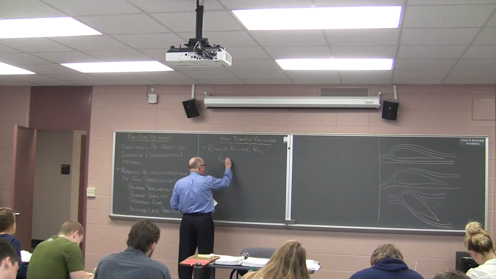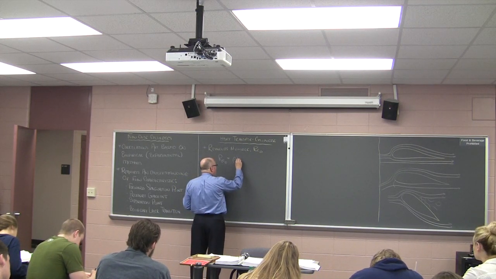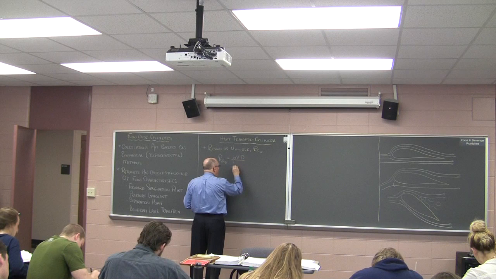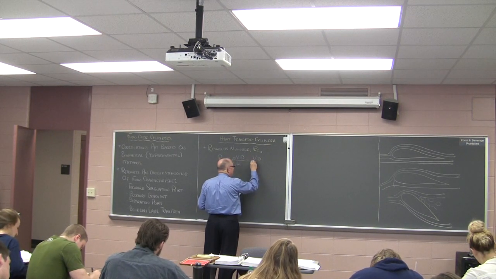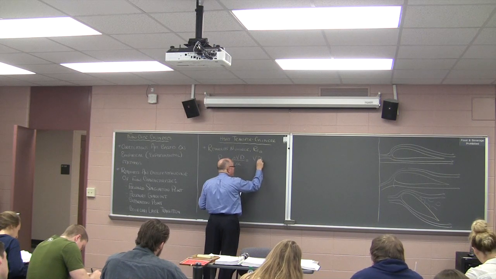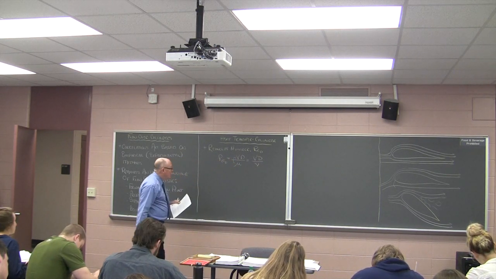So the Reynolds number, a function of the diameter, is going to be equal to rho V D over mu, or V D over nu. All right?